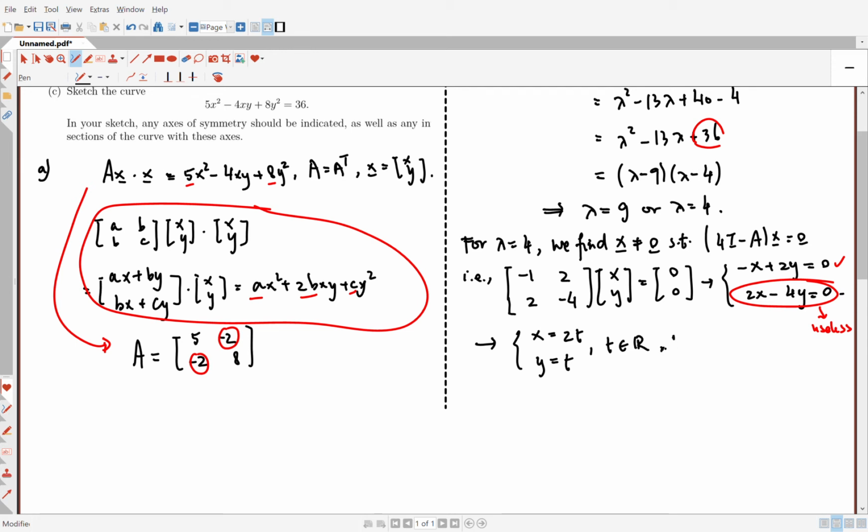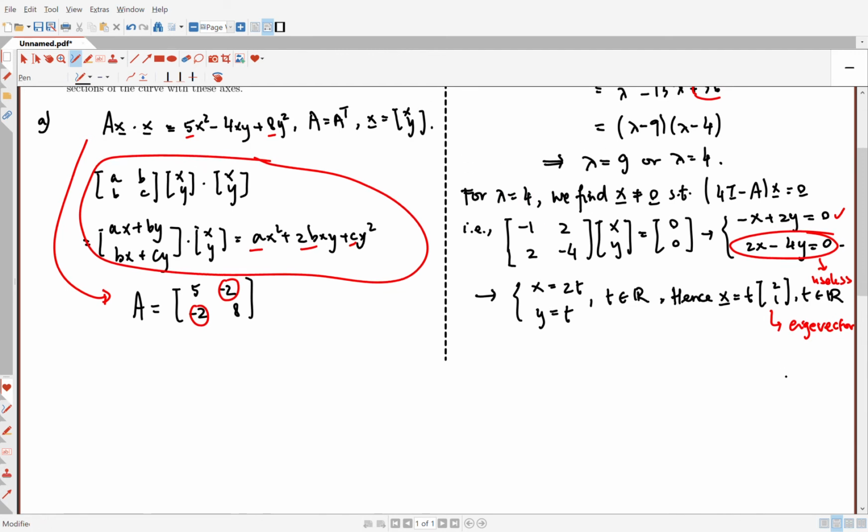Hence my x is just t times (2, 1), where t is real, and we can pick this as the eigenvector that we want associated with this eigenvalue.